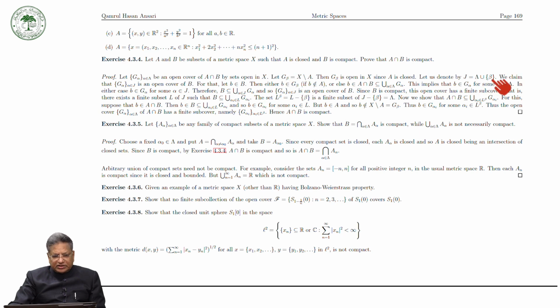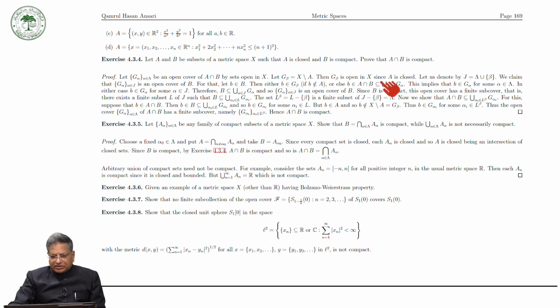So we are considering this beta. We claim that G alpha, alpha in J, is an open cover of B. For that, let small b be in capital B. Then either b is in this one if b is not in A, or b is in A intersection B, which is a subset of the union, because this is the open cover.